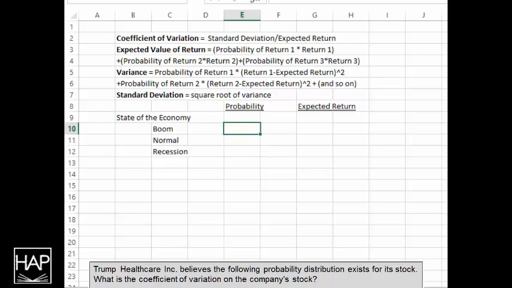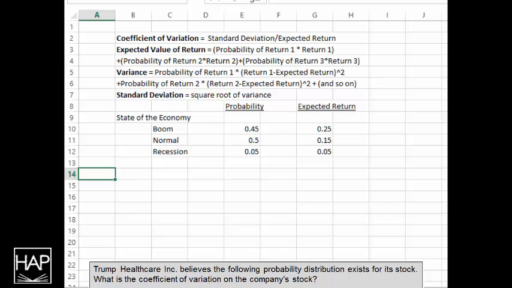The probability of a boom happening is 0.45, and the expected return of the stock in a boom is 25%. The probability of having a normal economy is 0.5 or 50%, and the stock's expected return in this situation is 15%. The likelihood of a recession is 5%, and the stock's expected return in this situation is 5%.